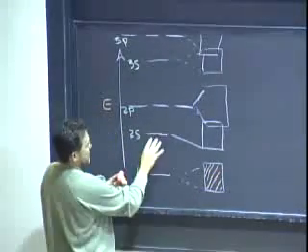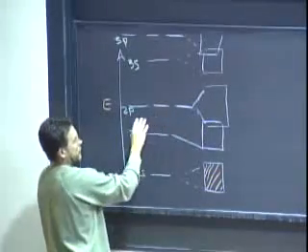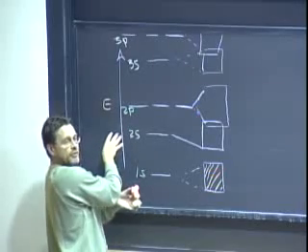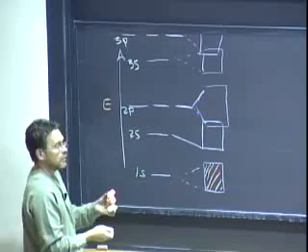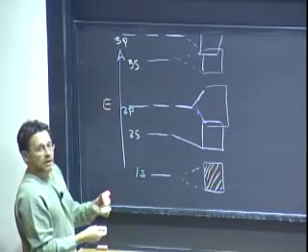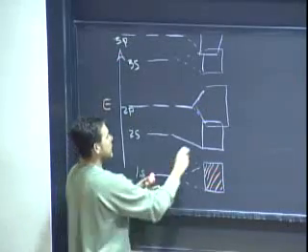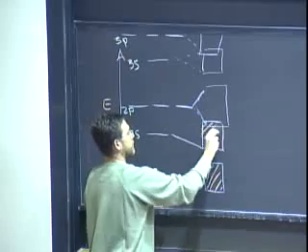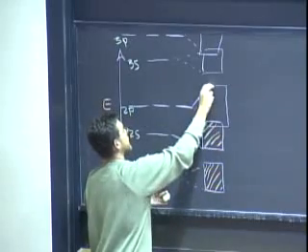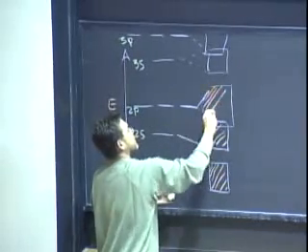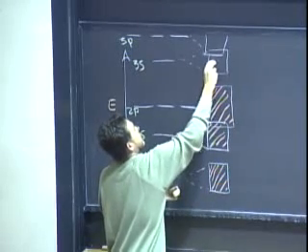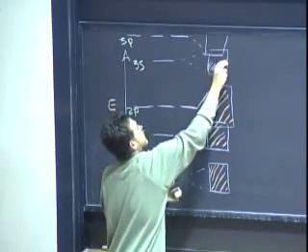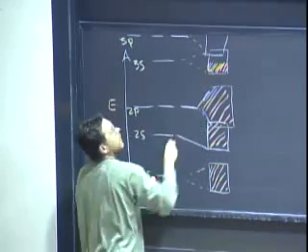And notice that the bands that originate from atomic orbitals having the same principal quantum number here, 2s and 2p, are overlapping. In the case of a sodium atom, this 2s band is completely full with electrons. The 2p band is completely full. And this 3s band here, in the case of sodium, is half full.